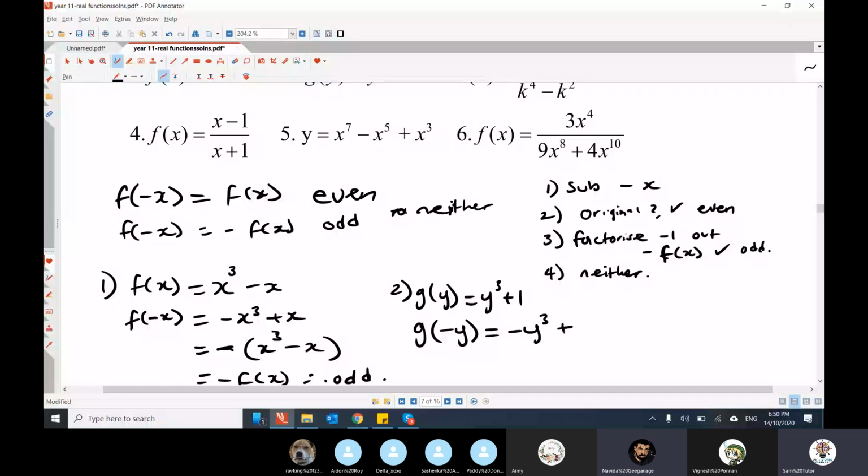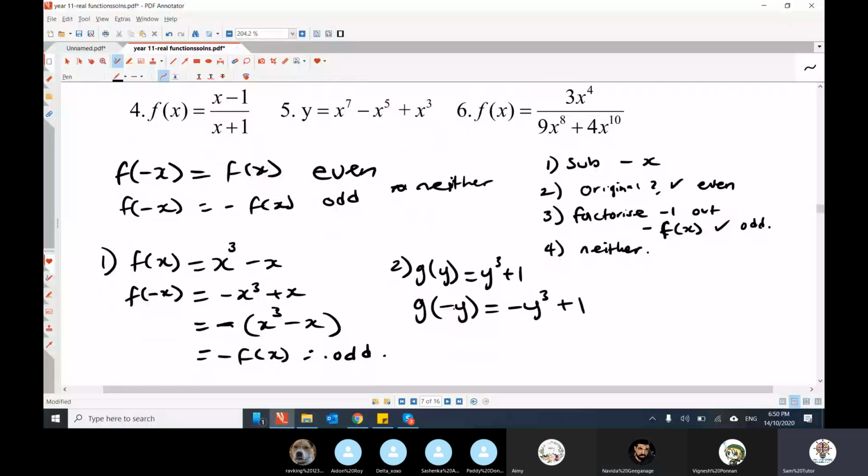What I meant by can you see it is, if I'm going to sub in a negative, the plus one's not going to change. Because this plus one's not going to change, I know straight away it can't be even, and if I take a negative out of here, I can see that's not going to be the same as the original either, because this never changed in the first place. But all of a sudden, when I take out a negative, it will change. Eventually it'll come. But yeah, you're right. Neither. Good work.